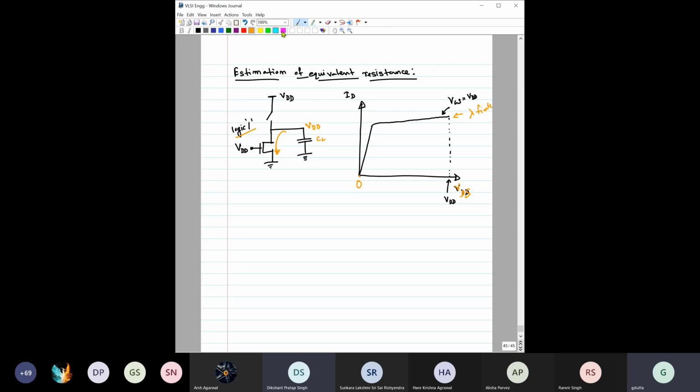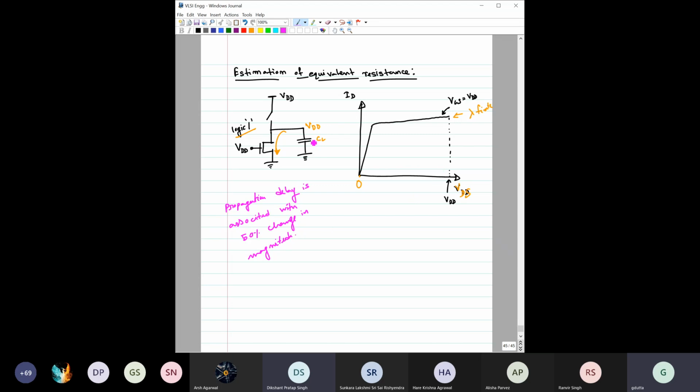Propagation delay is associated with the 50% change in magnitude.